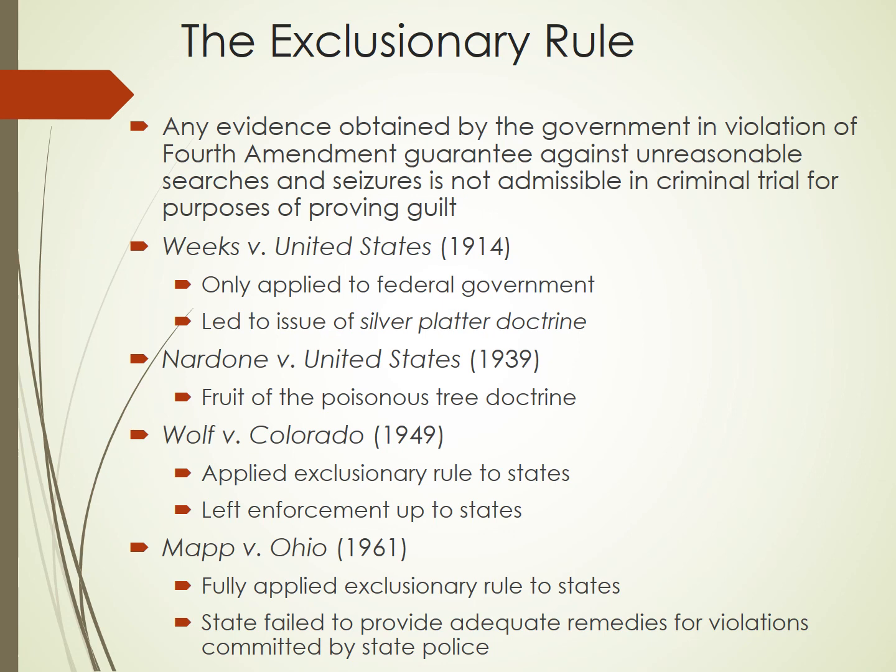In Wolf v. Colorado, we finally get the exclusionary rule applied to the states in 1949, but it largely left the enforcement up to the state judiciary and state courts. And that's why there needed to be clarification, which happened in 1961 in Mapp v. Ohio. And this is because the states were not giving adequate remedies for violations committed by the state police.